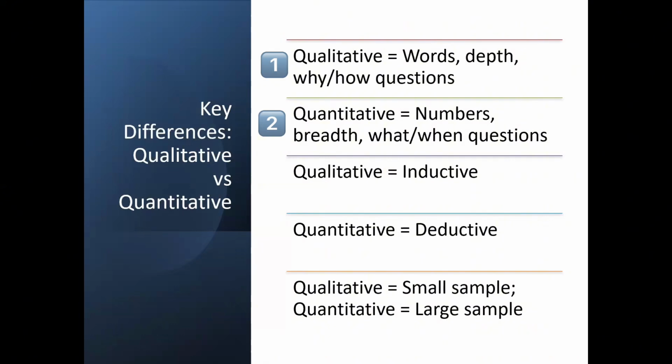Quantitative leads to numbers, data, breadth, is broad, and answers the questions what and when. Another key difference is that qualitative is inductive, quantitative is deductive. Another one is that qualitative uses a small sample, while quantitative can use a large sample.